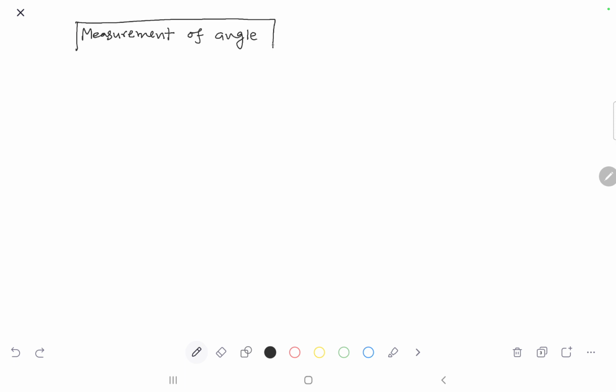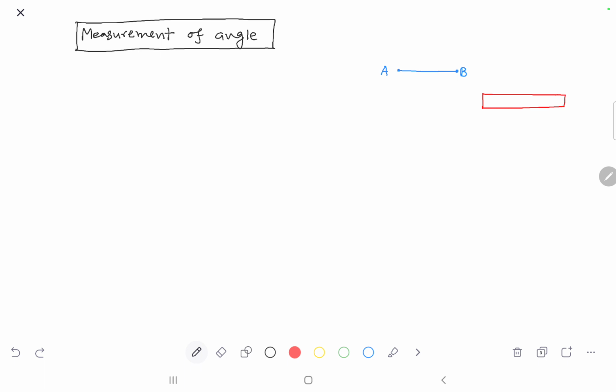It is very nice. See, if you have a line segment, using a ruler you can measure it, right? So let me recall. If you have a line segment, let's say AB, you take the ruler and then you can measure it, right?